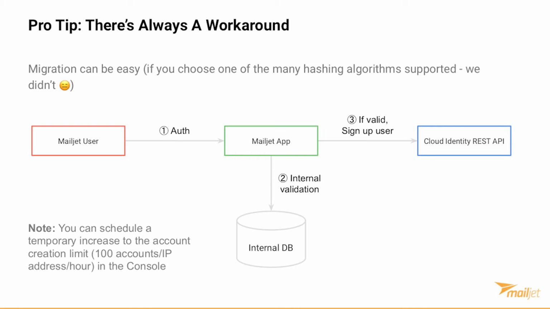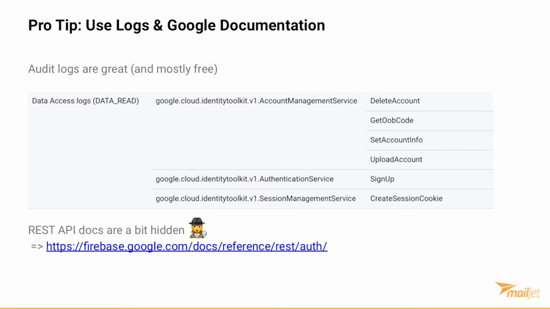The quotas are well documented, but you can always ask for a temporary increase if you generate a lot of users, of signups. There is something in the console to do that. Another thing that's great in identity platform is logs. You have activity logs for basically everything.